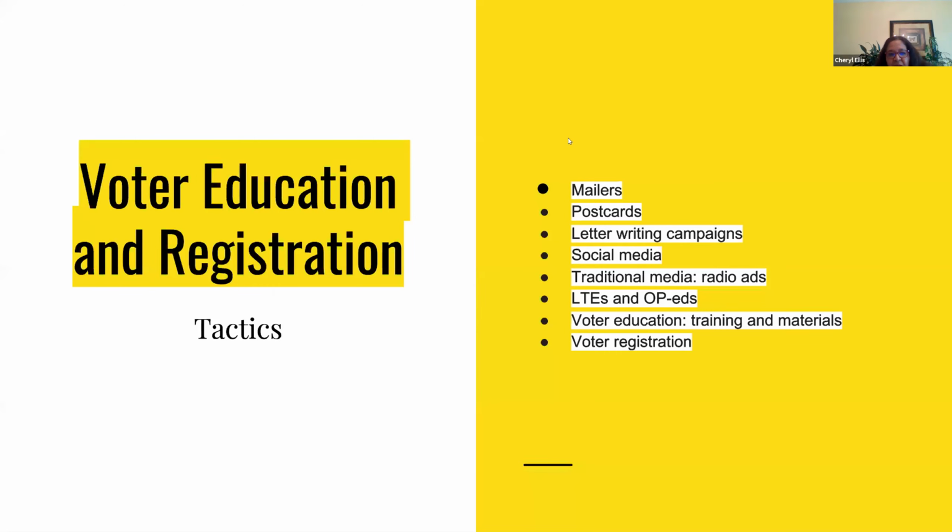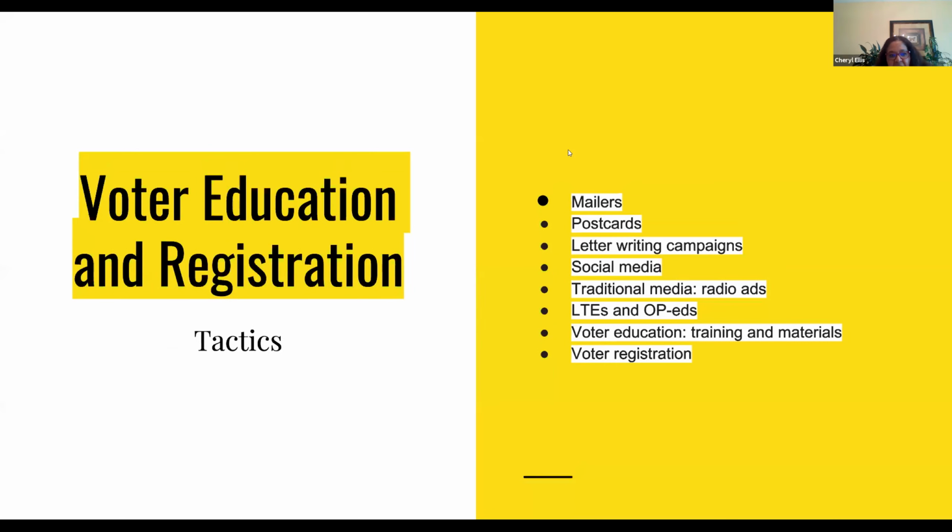So I want to talk a little bit, piggybacking on what Caitlin talked about with voter education and registration, because we know due to COVID, our numbers around voter registration were lower. We do know, I believe it was July, August, the numbers were higher than 2016, but that does not mean we need to stop or slow down.